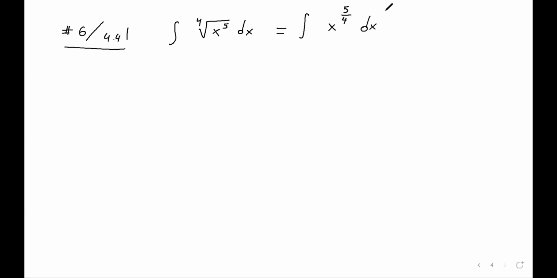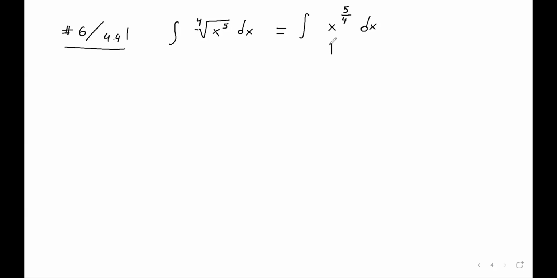And then we are going to integrate that as follows. So remember, folks, why 5/4? The index of a root is always going to be the denominator. The exponent of the power is always going to be the numerator.